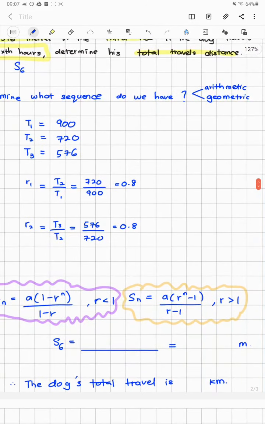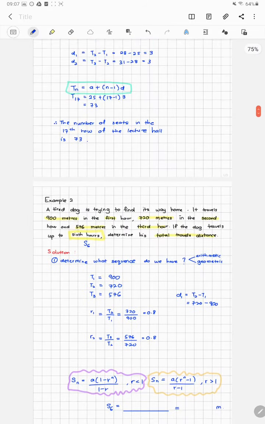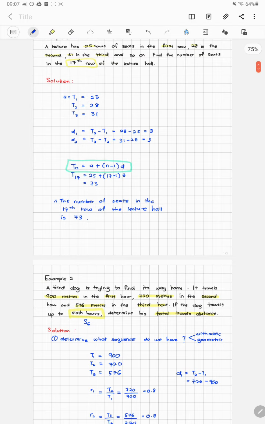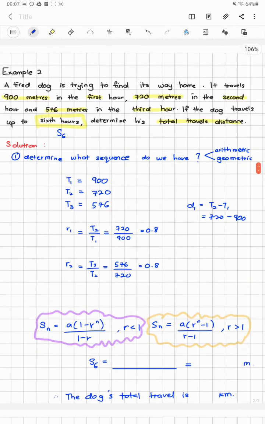What if I try finding the difference? D1 is T2 minus T1, which is 720 minus 900, giving negative 180.